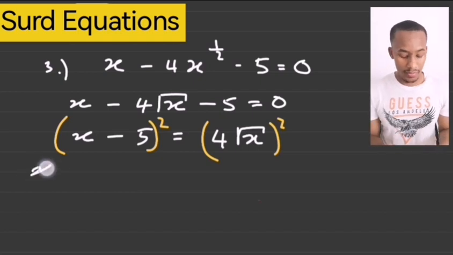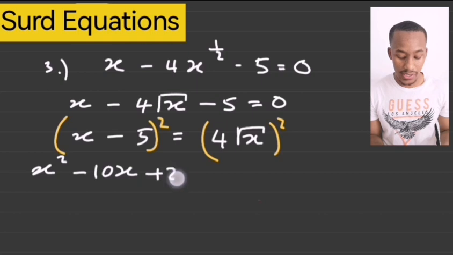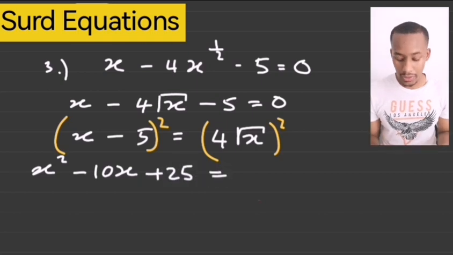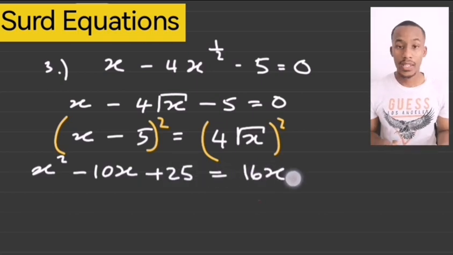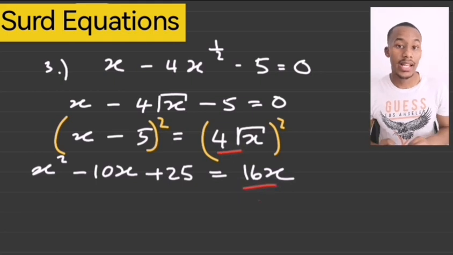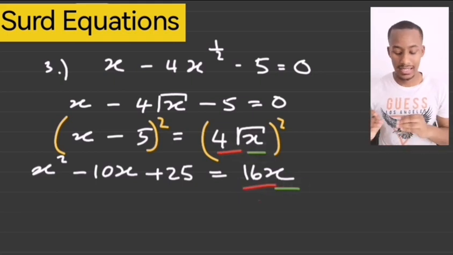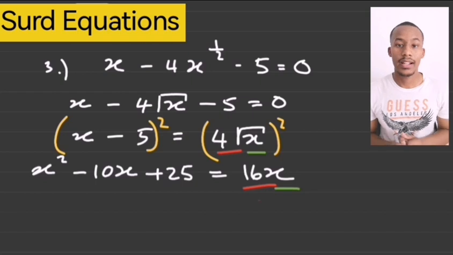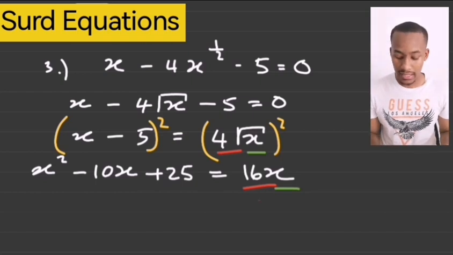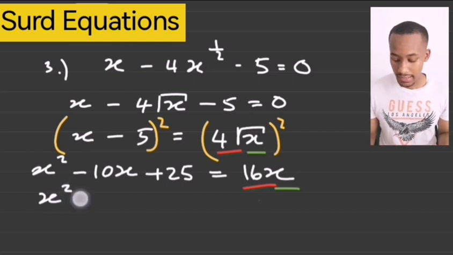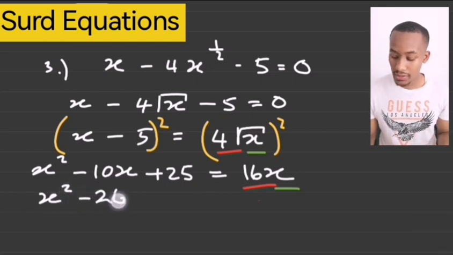So that gives me x squared minus 10x plus 25, and if we square the right hand side, we get 16x. 4 squared is 16, and the square root of x squared is x. Right, so now we're going to add our like terms again. We're going to link up the 16x with a negative 10x, and that gives us negative 26x.